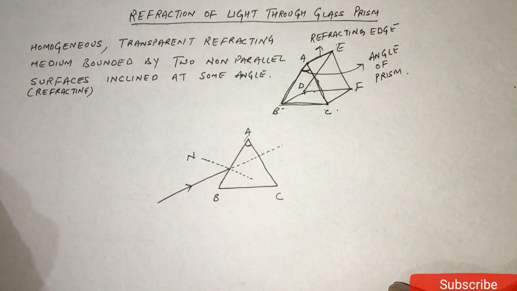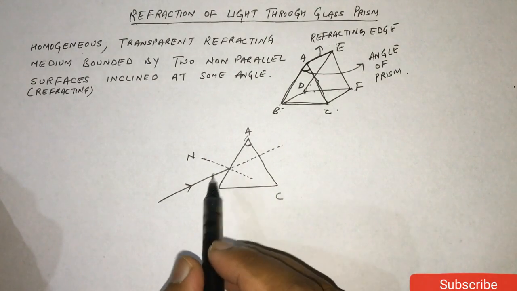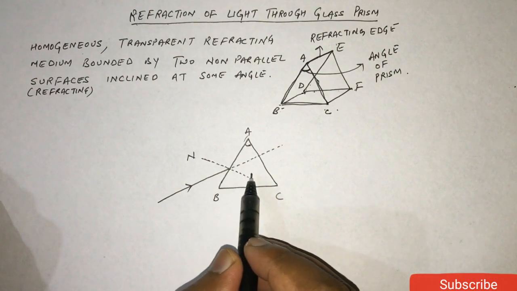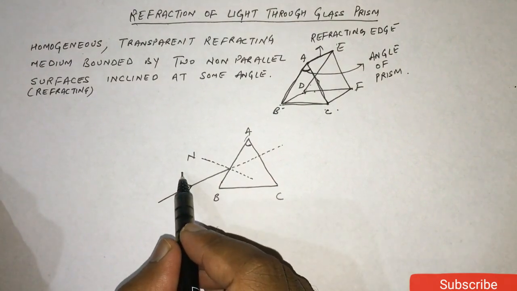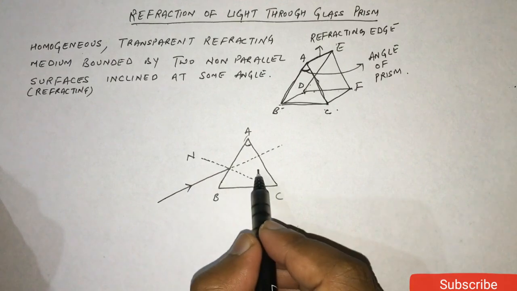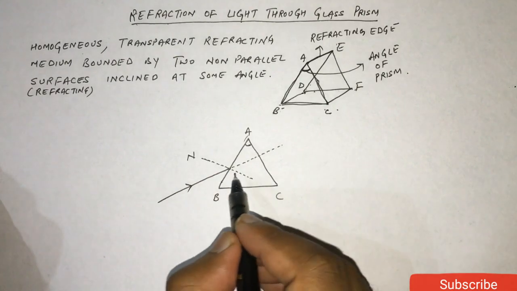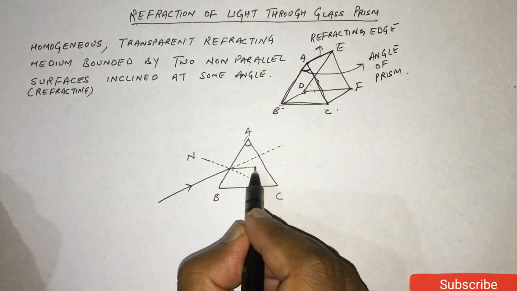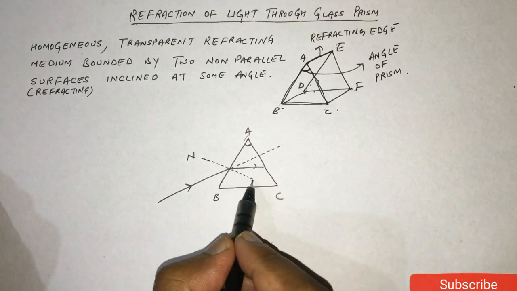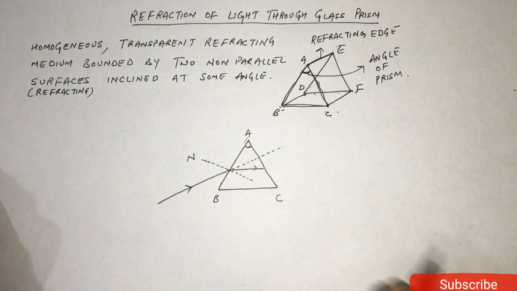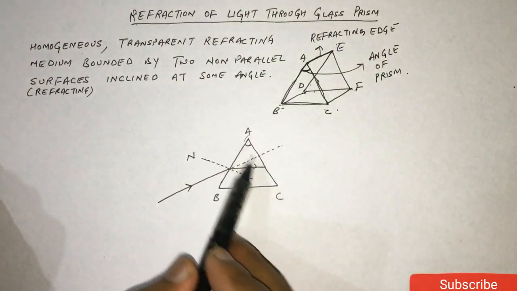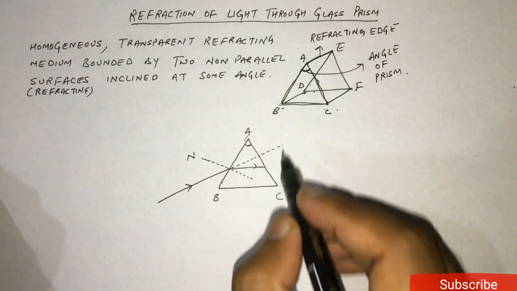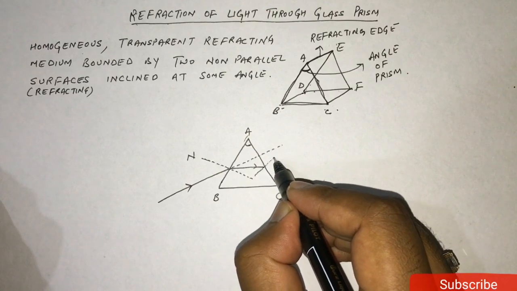Fine. We know that when a light ray goes from a rarer medium to denser medium, in this case air is a rarer medium and glass is denser medium, the light ray bends towards the normal. So here is the normal, the light ray bends towards the normal. Fine. Now for this surface AC, second refracting surface, the normal is like this.